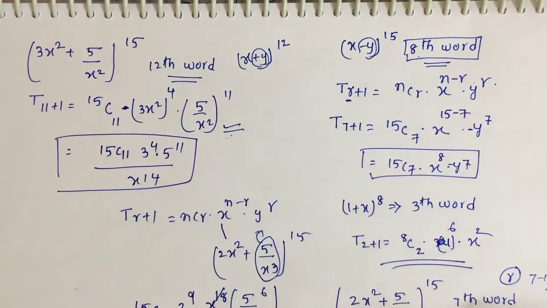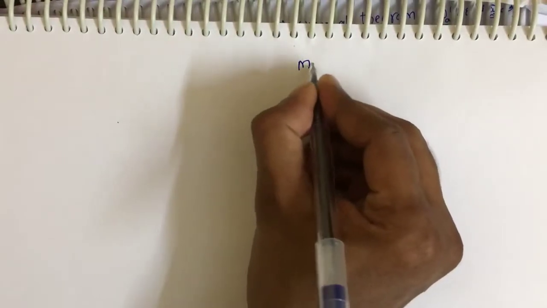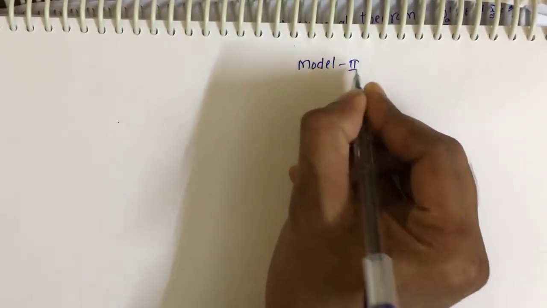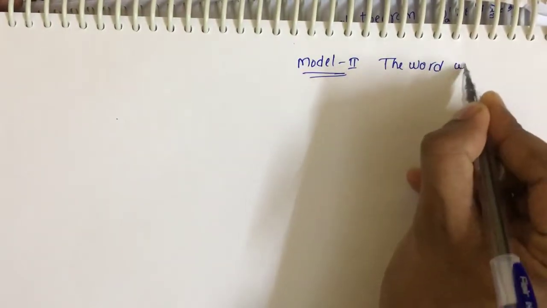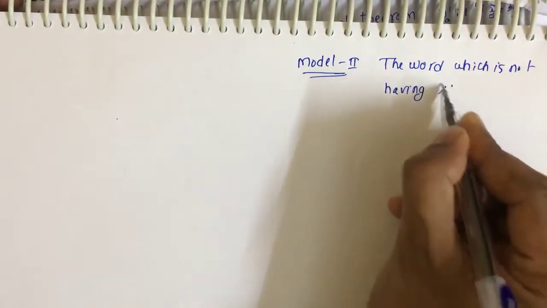Now next we have model 2. In this model 2 we have to identify the term which is not having x.